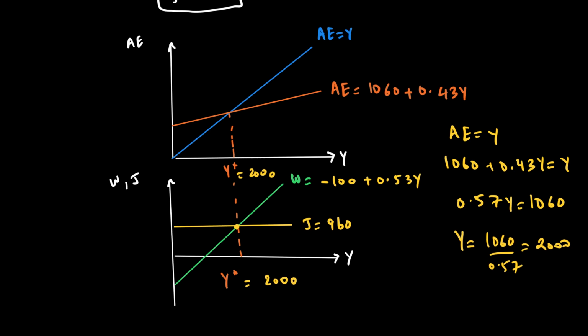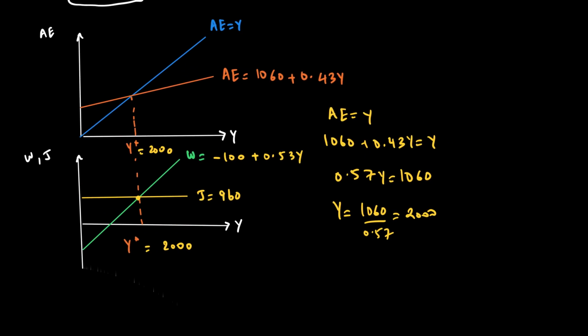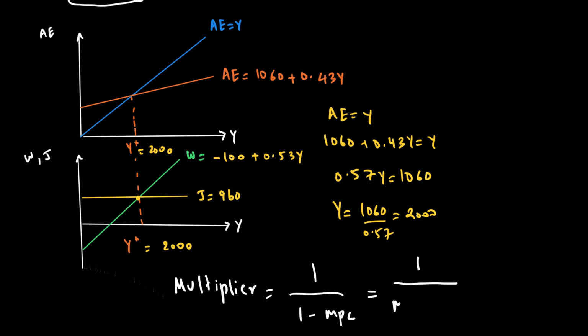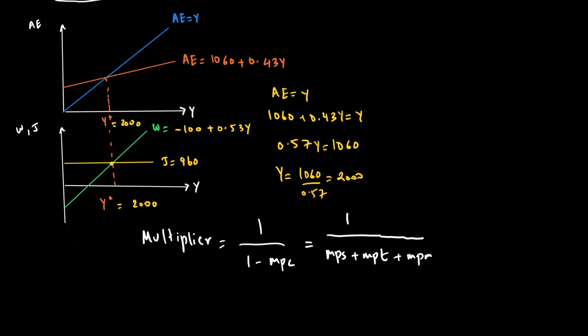Now we need to talk about how we get the multiplier in the four-sector model. The multiplier is equal to again 1 over 1 minus MPC, which means 1 over MPS plus MPT plus MPM, because now we have three withdrawals that are happening, which is your saving, taxation and imports.